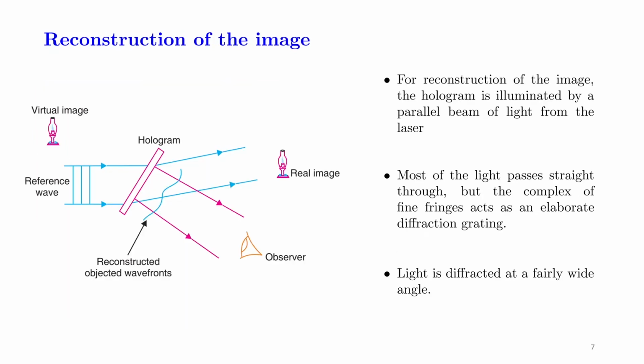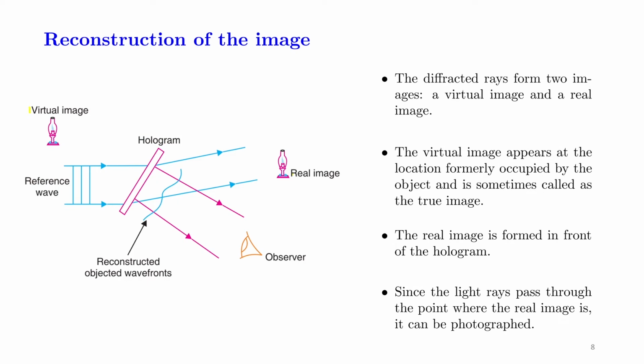We shall now discuss the reconstruction of the image. This shows the setup for the reconstruction of the image from the hologram. We have placed the hologram like this, and for the reconstruction of the image, the hologram is illuminated by a parallel beam of light from the laser. Most of the light passes straight through, but the complex fine fringes act as an elaborate diffraction grating, and light is diffracted at a fairly wide angle.